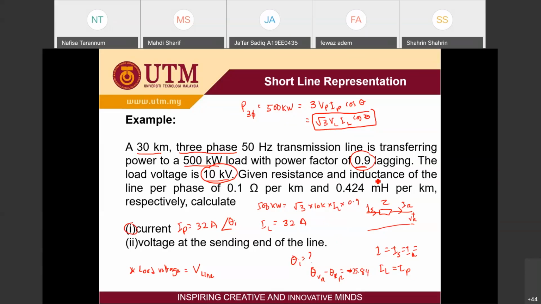We know that the power factor angle is the difference between voltage and current. So theta V minus theta I at the receiving end is equal to 25.84.